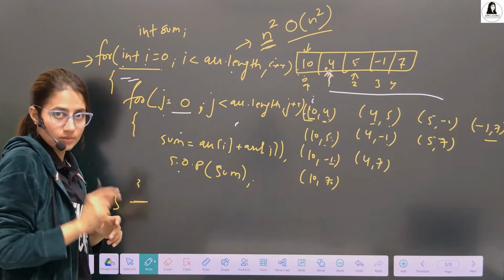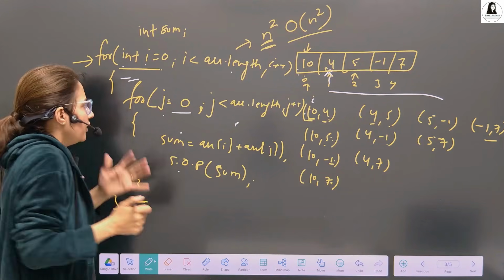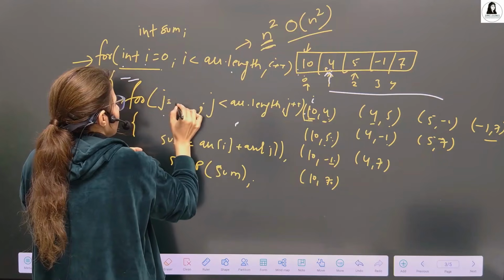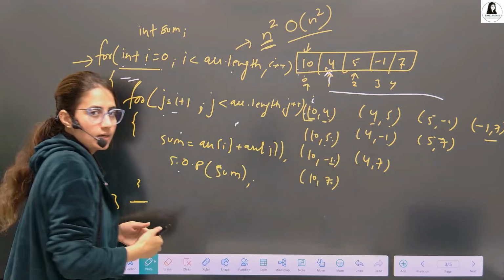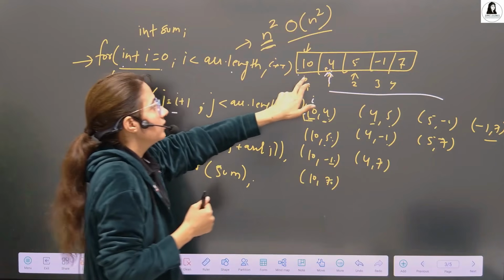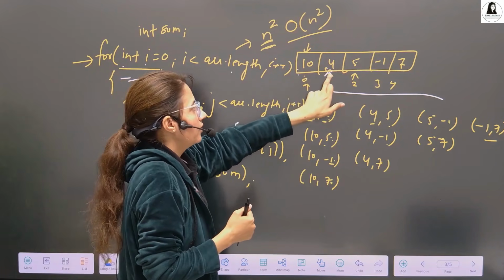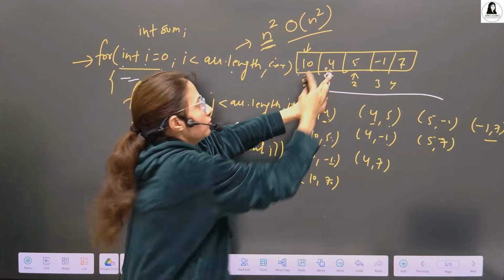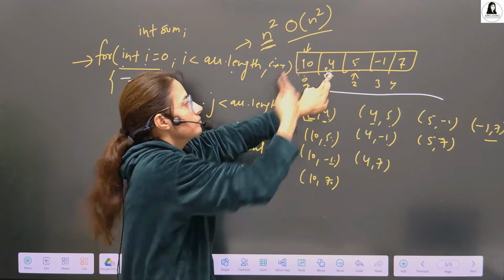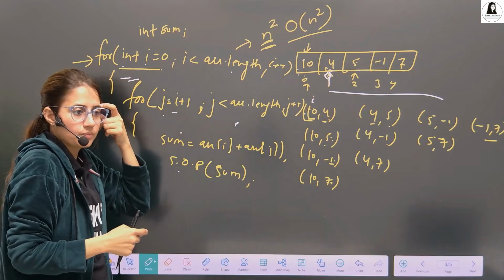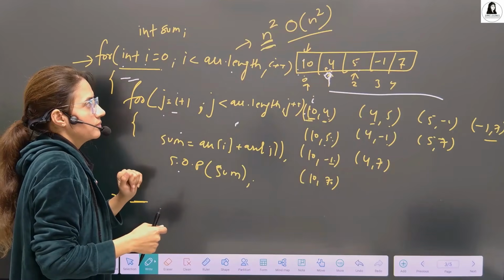But if you take i plus 1 instead, because I don't want to take duplicate sets: I want to start 10 with 4, and if i is here, then I want to start from here. I will not make a set with the previous 10, only with the next one, so with i plus 1.